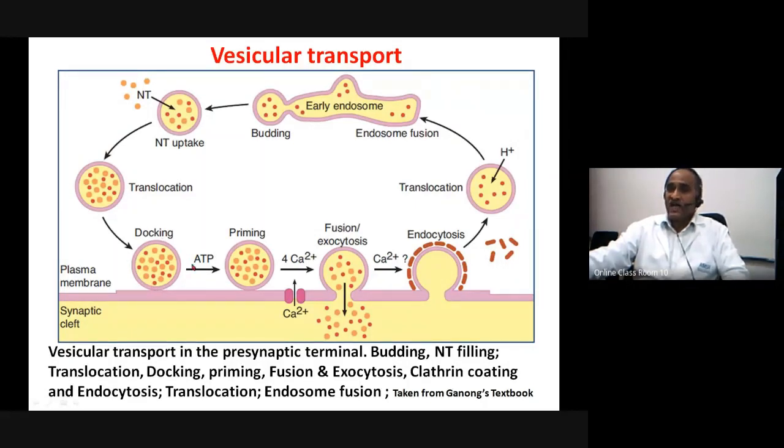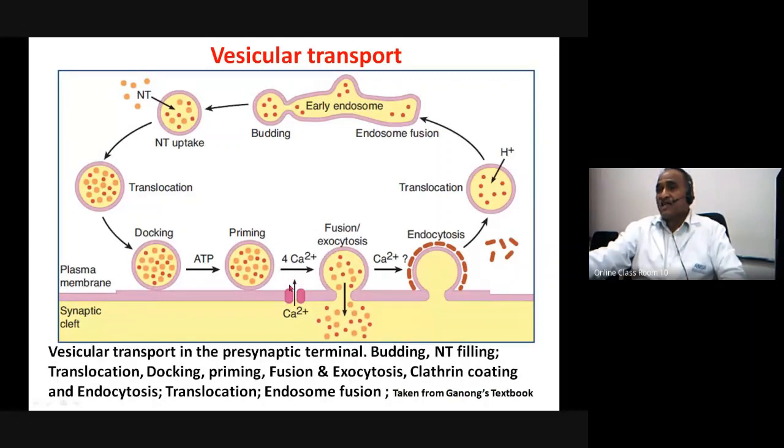Now this track, utilizing energy, is getting primed. Again, it is all because of the calcium activating this ATP mechanism. They get primed. Further, the calcium arrives because of the opening of the voltage gated calcium channels.